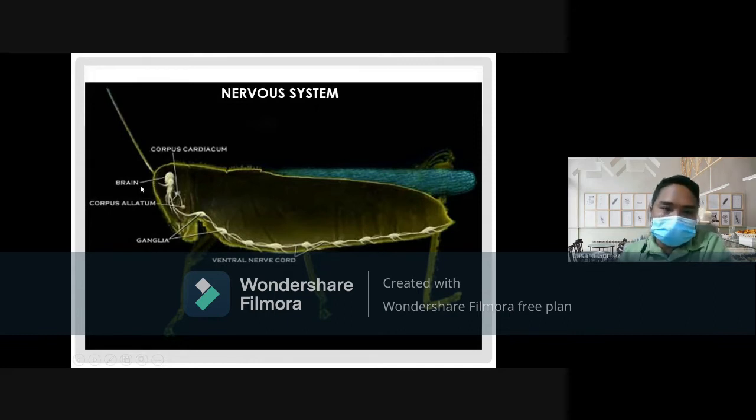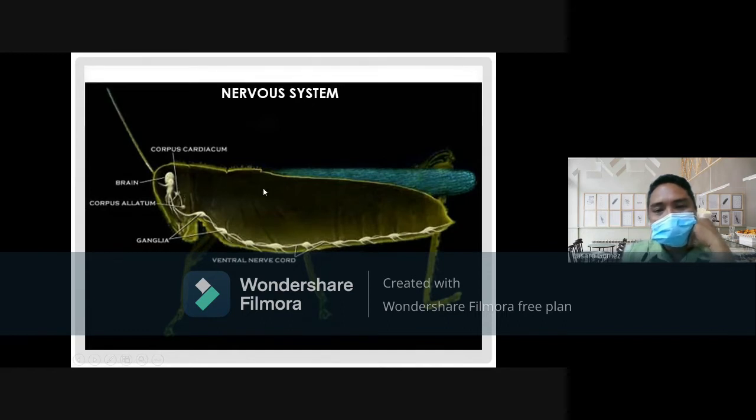Within the brain parts, we have the corpus allatum and the corpus cardiacum. This is the ganglia I mentioned earlier, the segmental ganglia, and this is what we call the ventral nerve cord. It is located in the lower abdomen and the lower thoracic part of an insect.